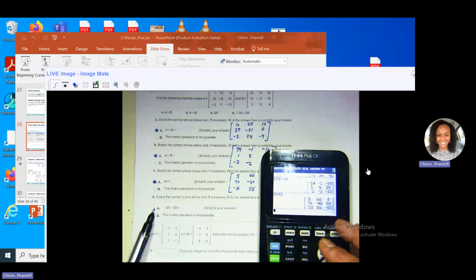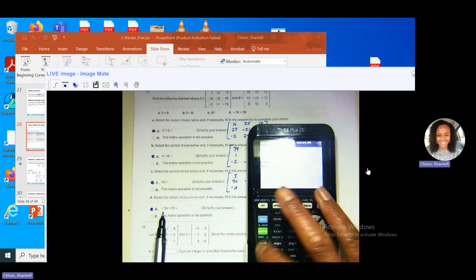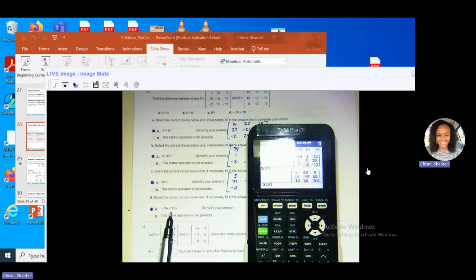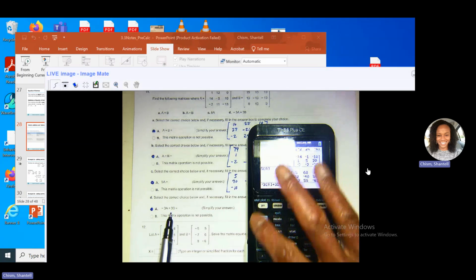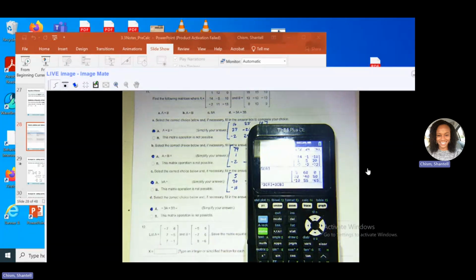Okay, and then almost done. Lastly here, part D, we are going to take -3 times A plus 3 times B. So I'm literally going to type that in exactly as I see it. -3, second matrix, select A, and then say plus 3, second matrix, and select B. And again, as long as you put the matrices in correctly, this will give you the right answer. -3 times A plus 3 times B. And there we have it. 42, 3, 30, -3, -15, -60, 6, 6, and 66.